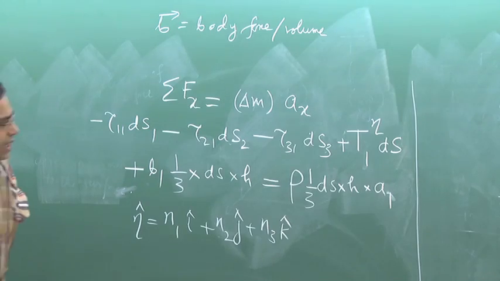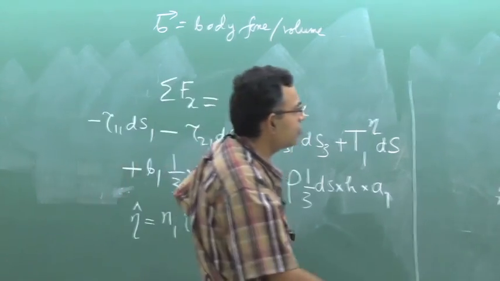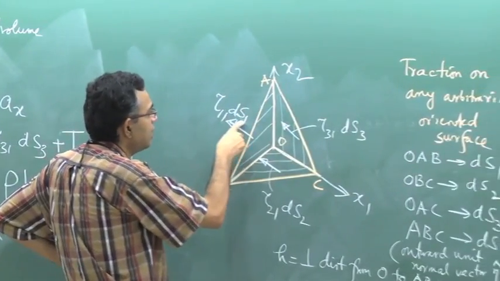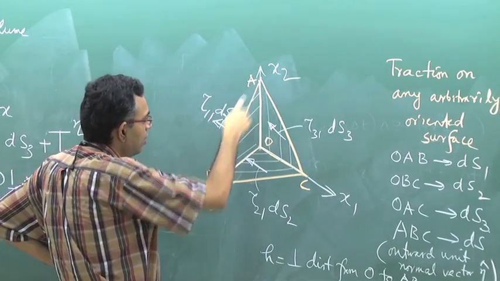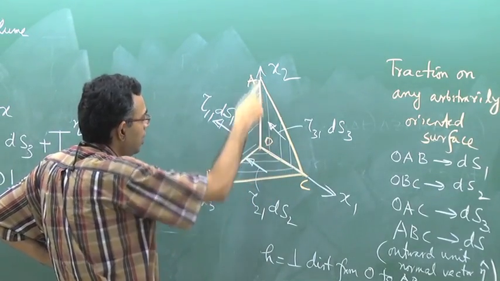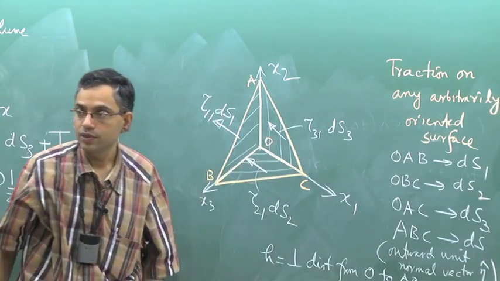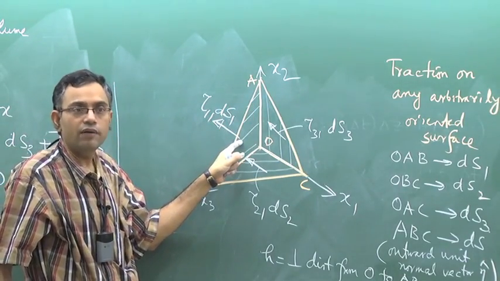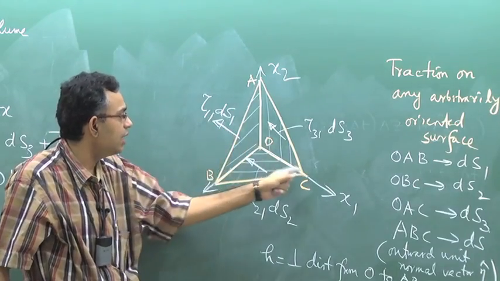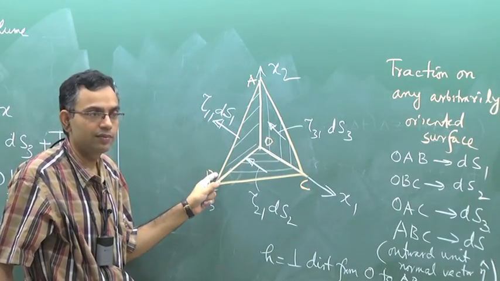Then you can easily see that what is the surface dS1. dS1 is nothing but the projection of the surface ABC on the x2 x3 plane, right.